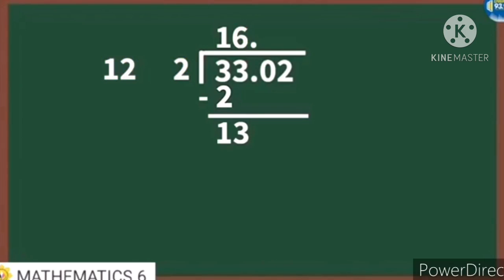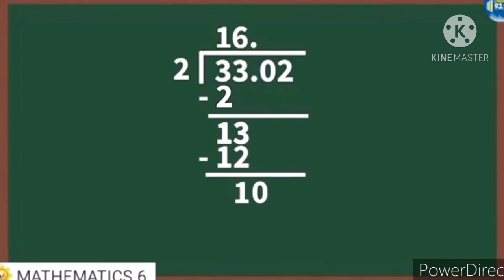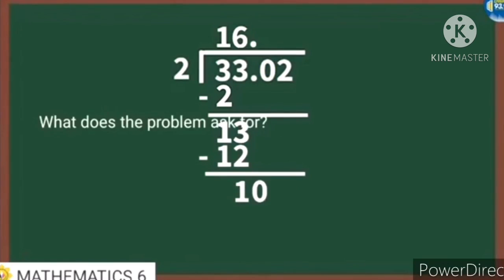Then write the product below 13. Repeat the subtraction process. 13 minus 12 equals 1. We now bring down the next digit from the dividend, which is the 0. Now we have 10 as our partial dividend.